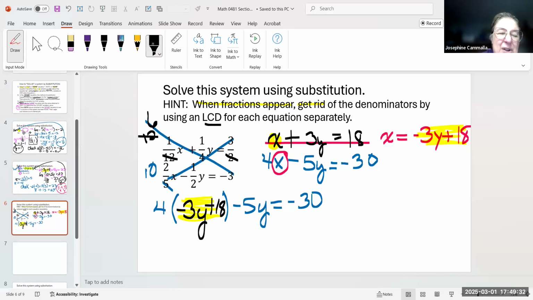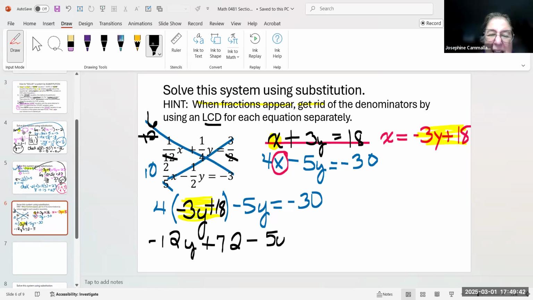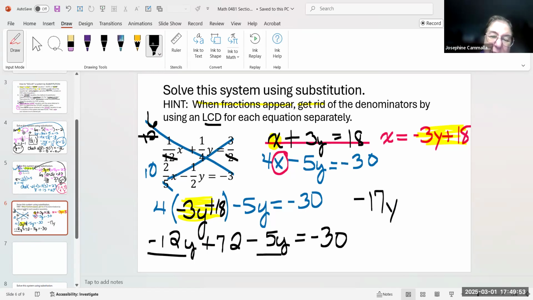Well, this is going to give me a negative 12y plus 72 minus 5y is equal to negative 30. Okay, I have a negative 17y, these two together, is equal to a negative 102.